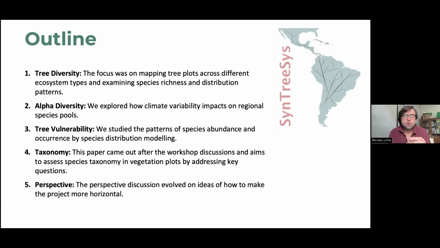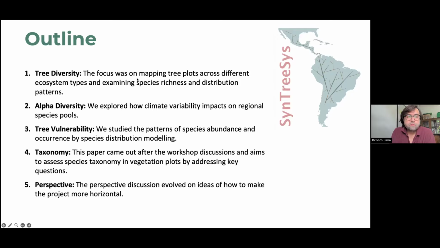Another core group of our group is working with alpha diversity, just trying to explain why there's this number of species in one region and fewer species in the other region. Tree vulnerability, which is how individual species are threatened due to changes in climate and land use changes, is more related to species distribution modelling.